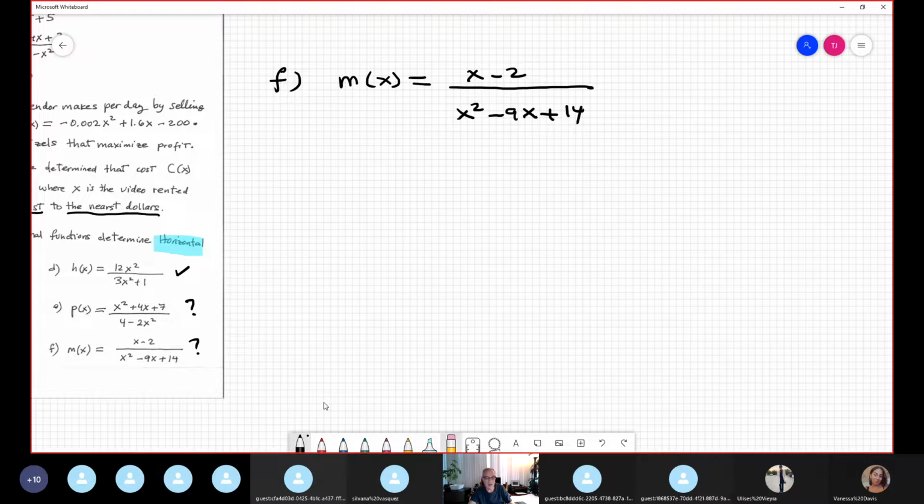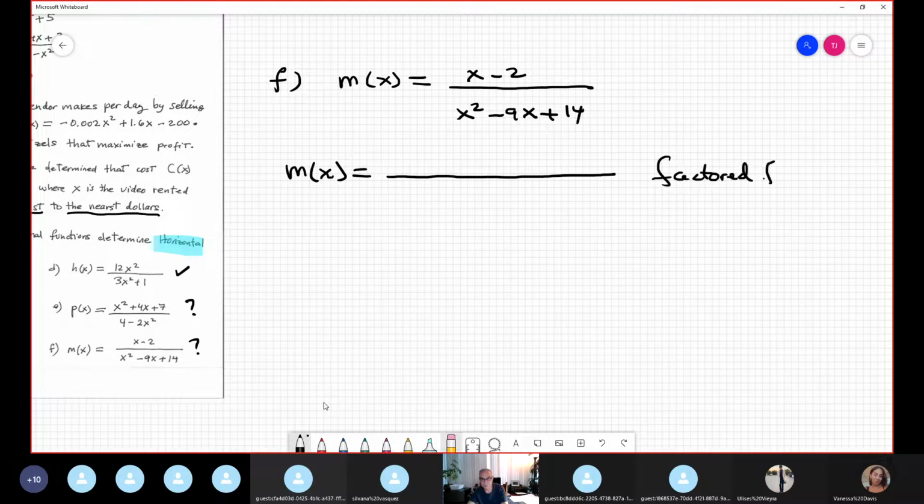I highly recommend that to start any asymptote problem, you write the factors. In the top it's impossible to do anything, but in the bottom, yes. And the combination is 7 and 2, because 7 times 2 is 14, and 7 plus 2 is 9, of course negative both. Therefore, you see something.